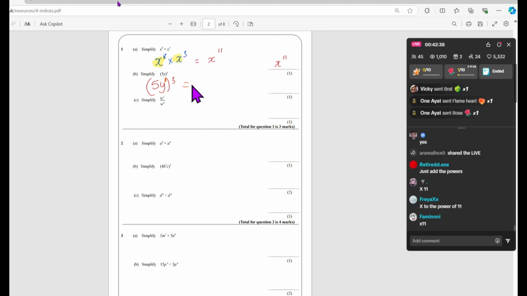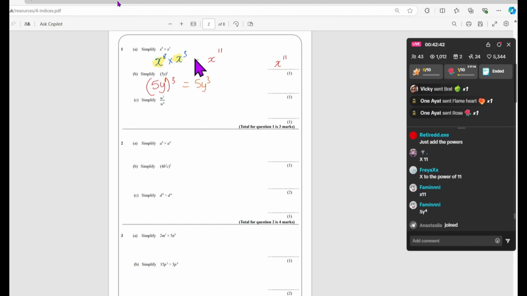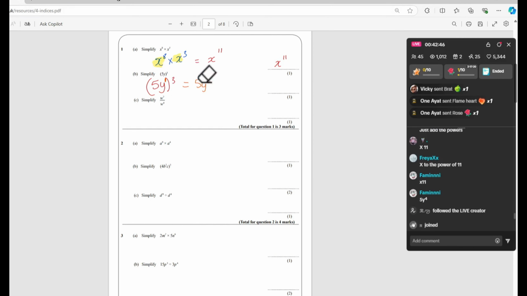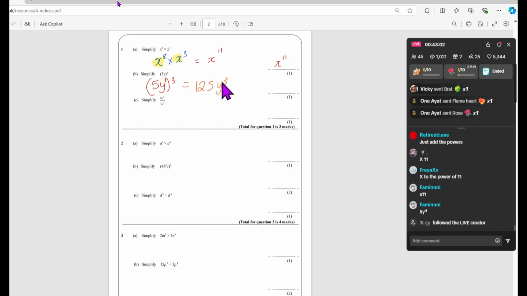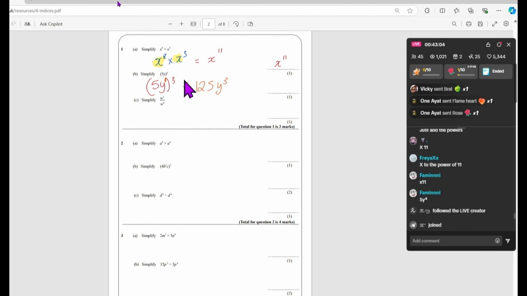So we're probably going to get 5y to the power of 3. But this is when some people go wrong. You do not do this. That is wrong. When we have a power on the outside, people forget to cube the number as well. You cube the number as well. So you get 125y cubed. Okay?